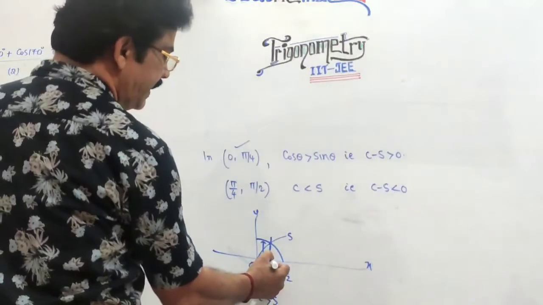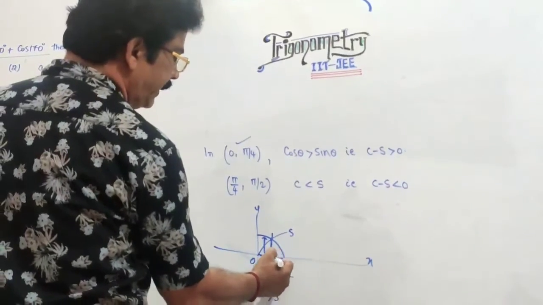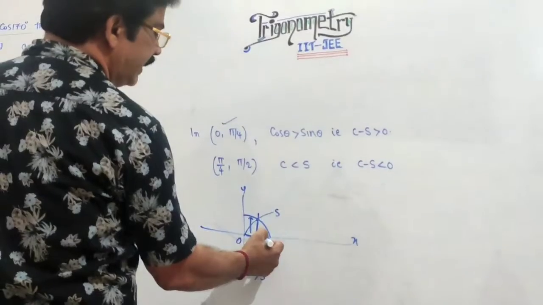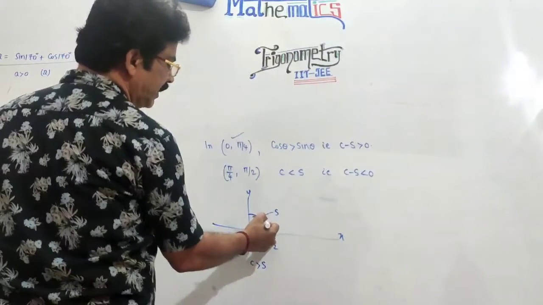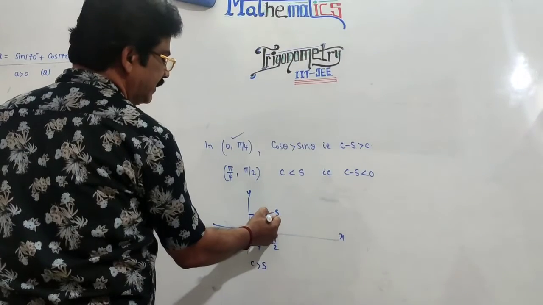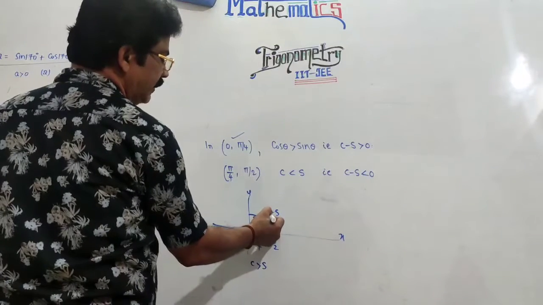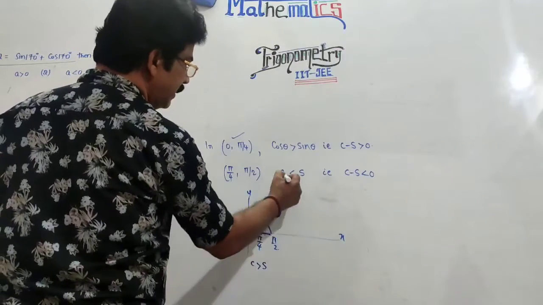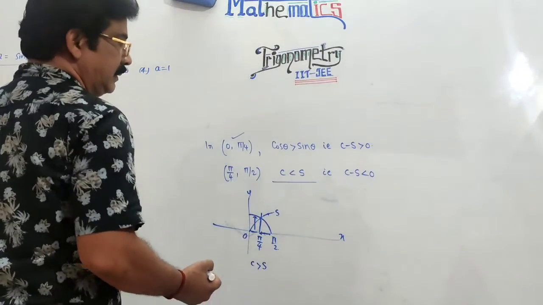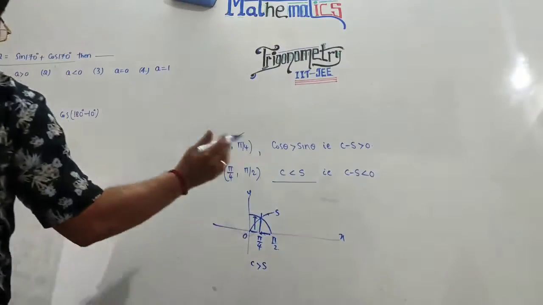Next, from pi by 4 to pi by 2, in this area, this is sin and this one is cos. So the cos curve is lower than sin. Therefore sin is higher, cos is lower, so cos is less than sin. It is correct. Right.